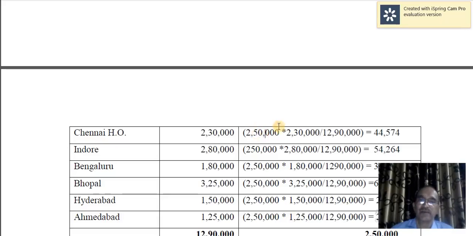And then proportionately you are getting the value here, 44,574. 2,50,000 into 2,30,000 divided by 12,90,000. 2,30,000 is the turnover of Chennai HO, whereas 12,90,000 is the total turnover. What is the portion of turnover of Chennai HO to that of total turnover? That should be found out. And you have to apply that on the total input tax. So you will get the share of Chennai HO.